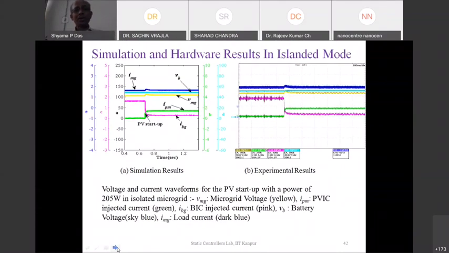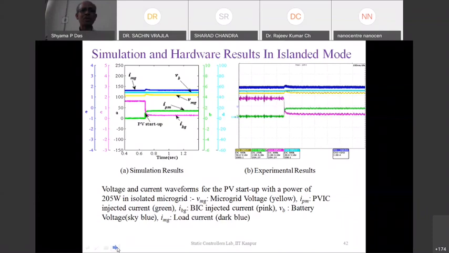Now what happens if the utility is not there? That is called islanded mode. When the utility is not there, when we have load which is increasing, it has to be supplied from the battery. So when the utility is not there, the battery and the photovoltaic, the battery current is IBG and the photovoltaic current is IPM.